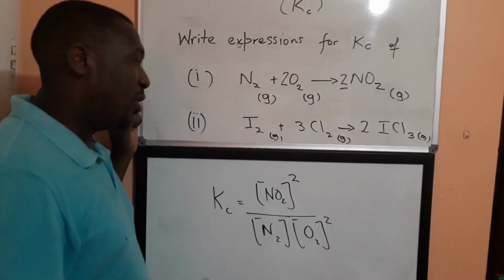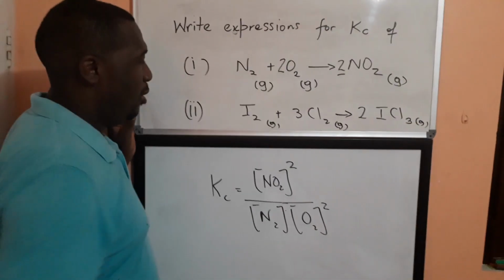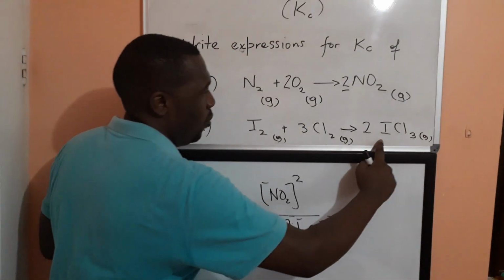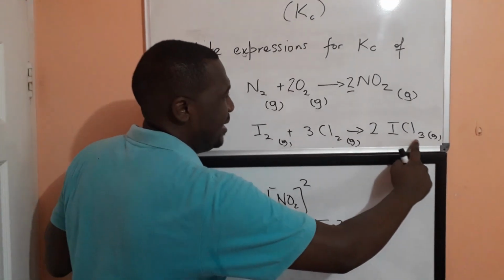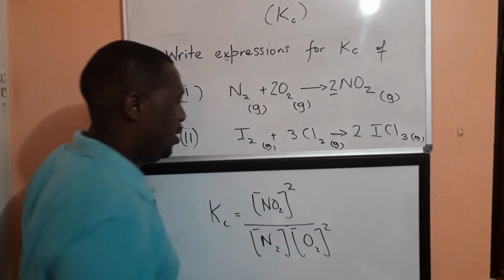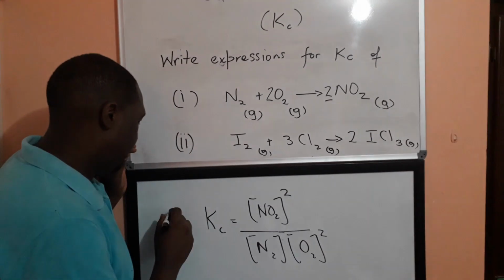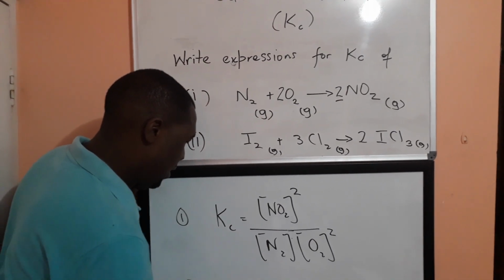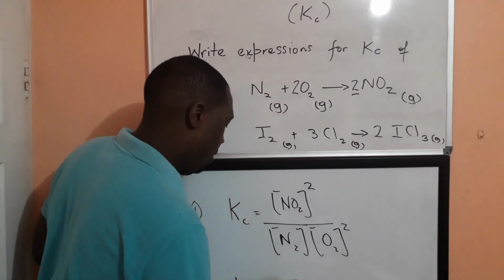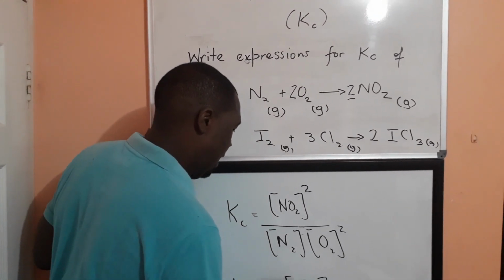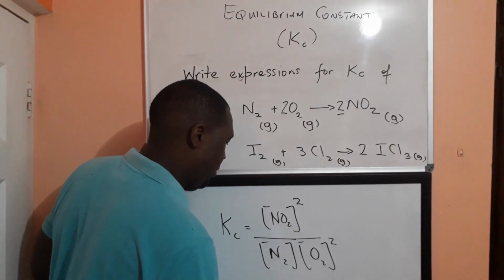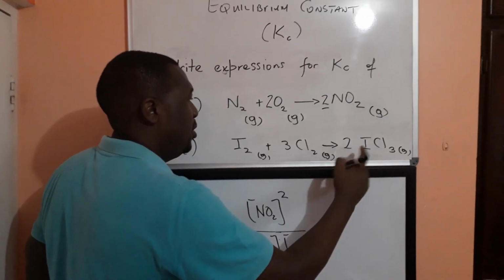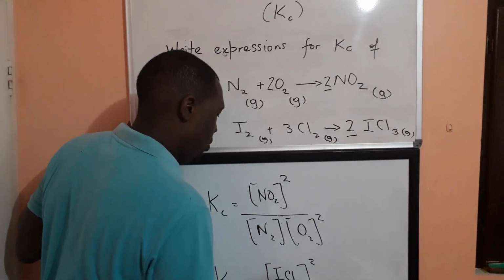Now let's look at the second reaction. In the second reaction, I also have one product, and that is ICl3 gas. So that's for 1. Now for 2, Kc is going to be equal to the product. This time, the product is ICl3, and the stoichiometric coefficient again is 2.